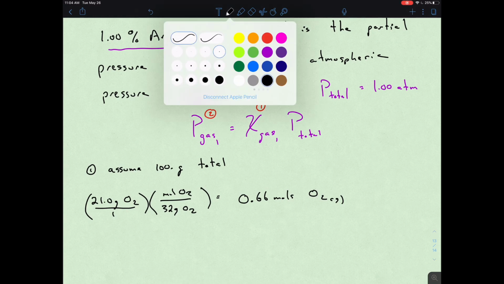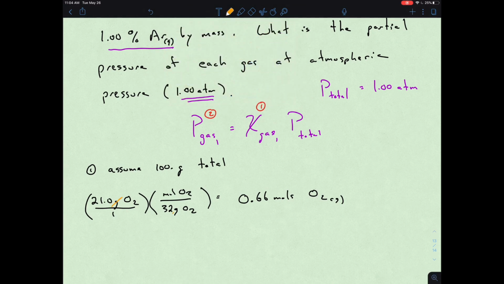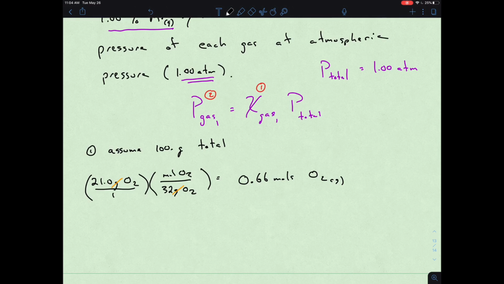And we're going to do the same procedure for the other gases that are there as well. We have our 78 grams of the nitrogen. Divide by its molar mass of 28. That gives the value of 2.79.